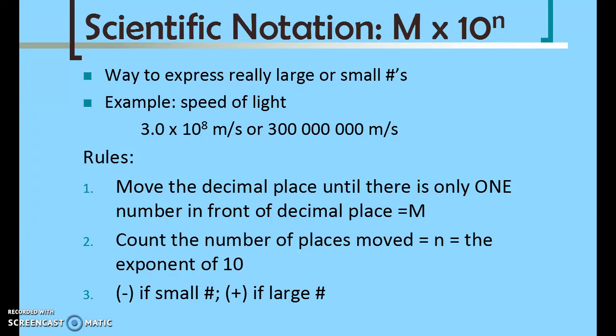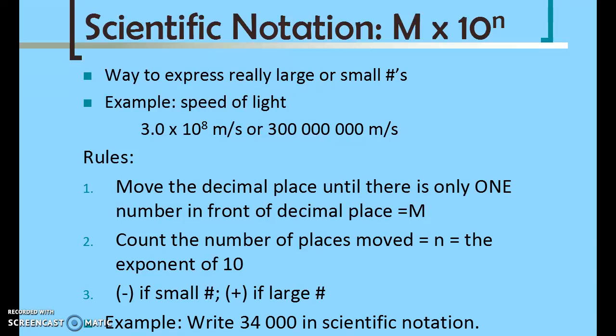If the number is a large number, then you just use the positive value, and you don't have to write the plus, but we understand that that's a positive value. So I think everybody agrees here that this is a very large number. So therefore, it's just a positive exponent for n to represent that I'm dealing with a number that is large.